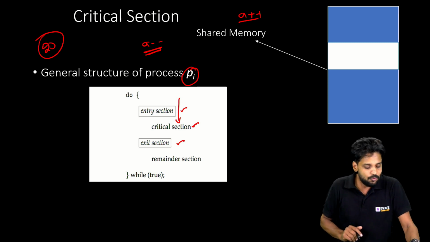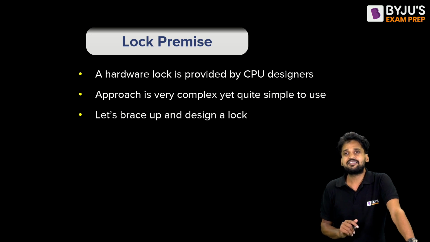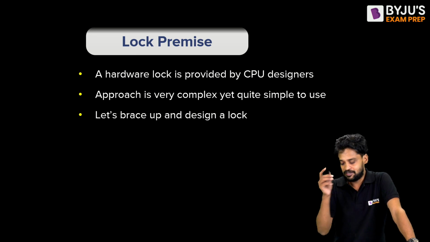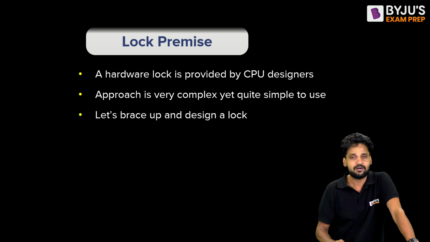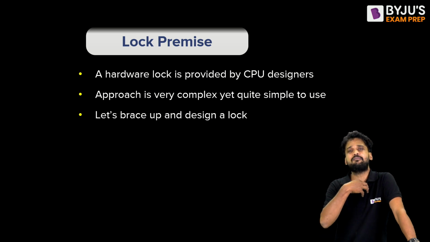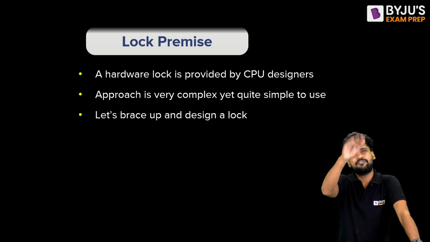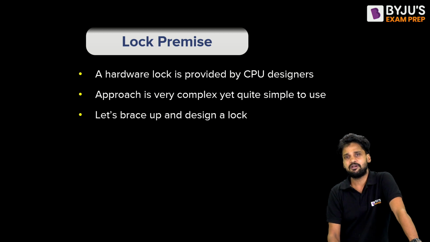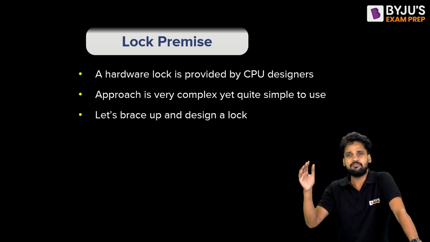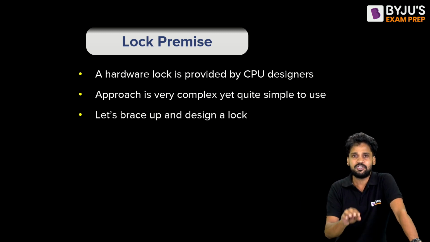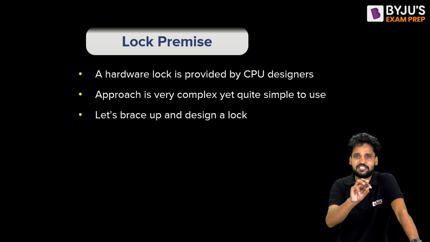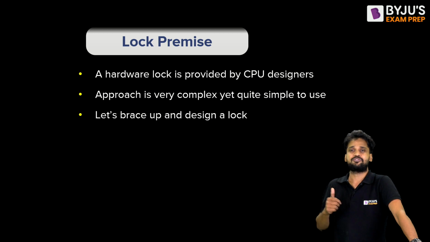Okay, now we are going to design a hardware lock. What is this hardware lock? We are the application program developers. Any of you is going to become an application program developer. And the biggest problem in application program development is protecting the critical section. What is the critical section? When a process is executing in its critical section, shared memory will be accessed.